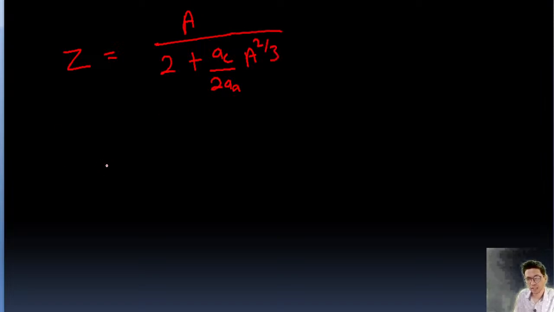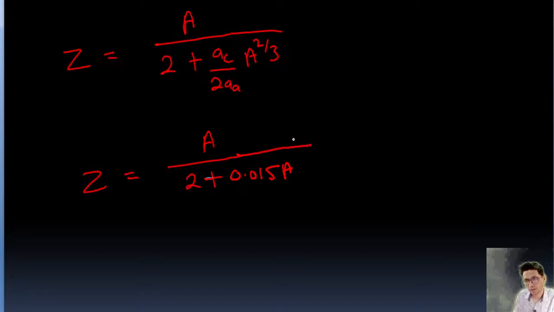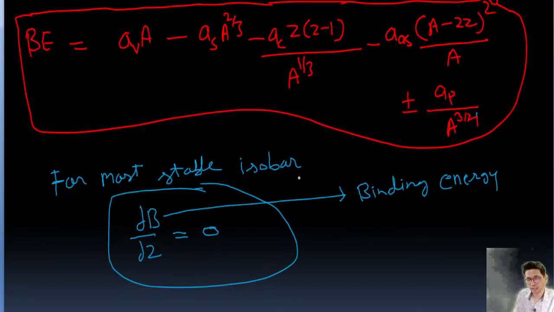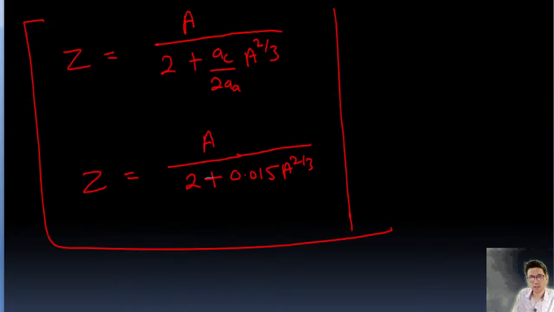The second, by calculating the constants, is Z equal to A upon 2 plus 0.015 A to the power 2 by 3. These two formulas you need to note down, guys. If you know these formulas, you don't need to differentiate and then calculate. You can directly get the answer.